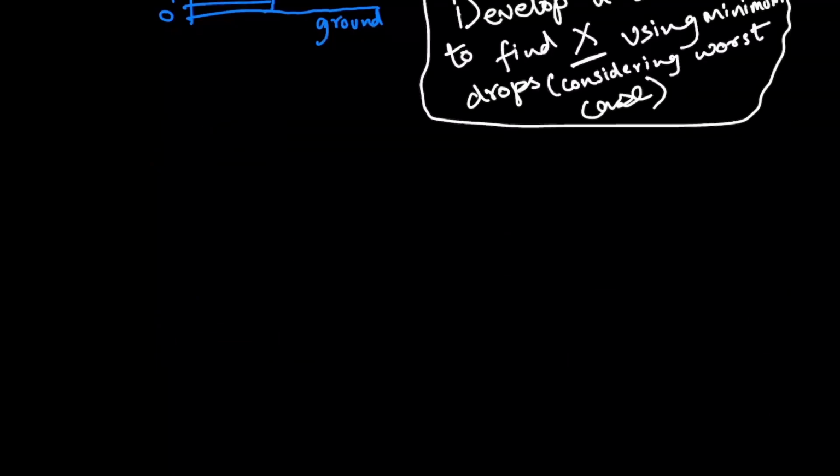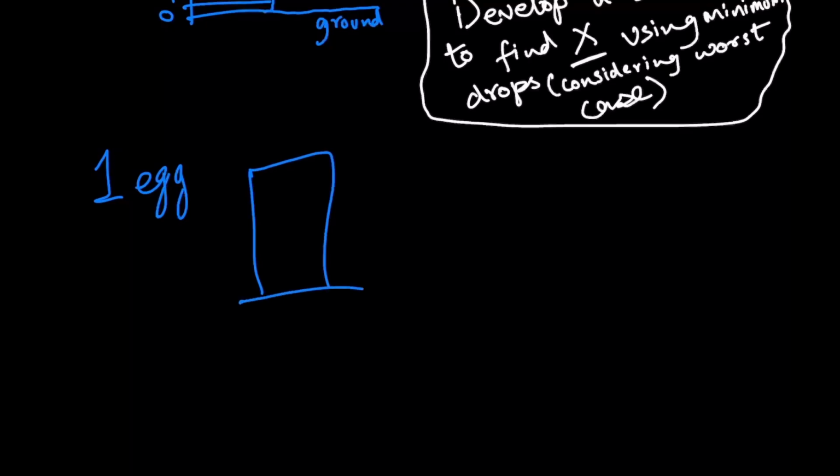So just to simplify everything for you guys, we'll play around with a few examples. The first example we're going to take is imagining we had only one egg available with us, and we were to find the threshold value x. Now, just for random sake, imagine I went up to a random floor, say 50, and I dropped the egg.